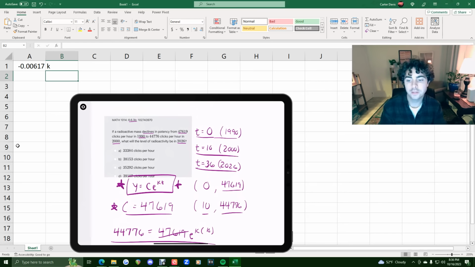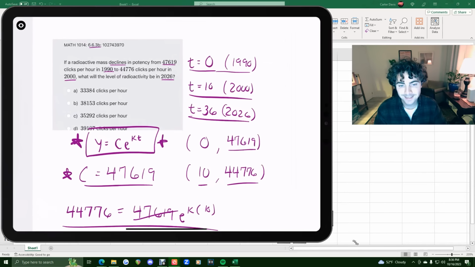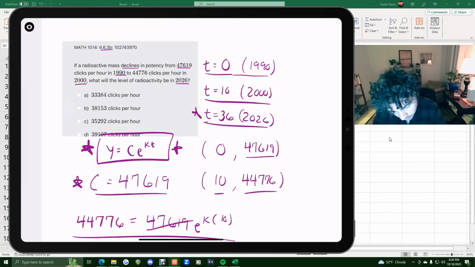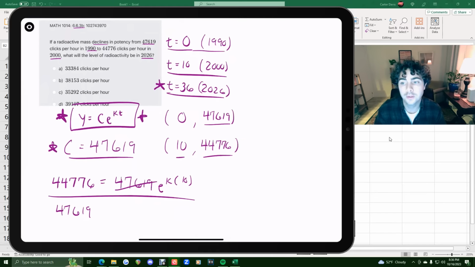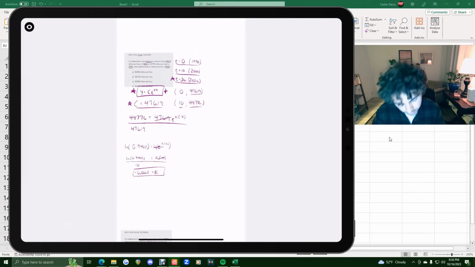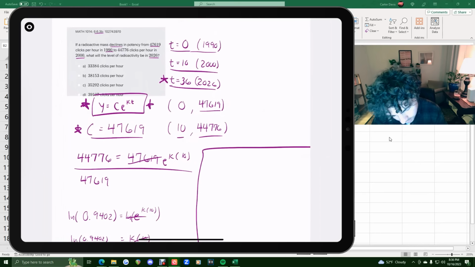Now, what are we trying to do? We're trying to find the level of radioactivity in 2026. So with this k value, and with our C value, and with this t value that represents the year 2026, we should be able to solve for the y value, which will represent the clicks per hour in the year 2026. I'm just going to do it to the side here. We're solving for y.